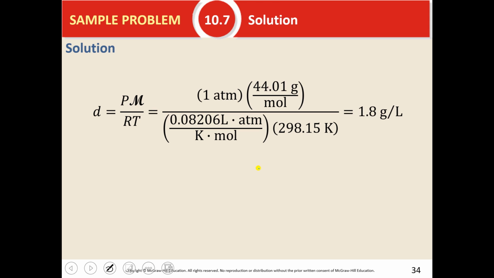And what we're left with in the end is atms are canceling, liters will stay, moles are canceling, Kelvin are canceling, so we're left with grams per liter, okay?